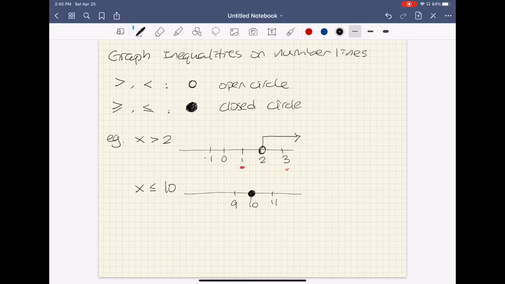So draw a closed circle. And less than or equal to, which side is it? You'll be to the left. If you're not sure, plug in a point and see if it works. So let's say we can do 9 less than or equal to 10. Is it correct? Yes, so that means it will go to the left.